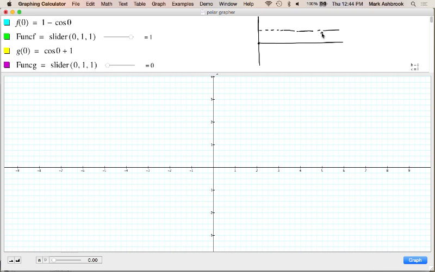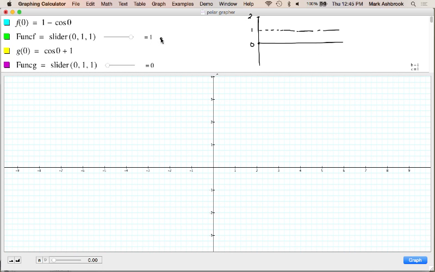The midline's at 1 and the max is at 2. Does that make sense? Max is above the midline, right? So we're shifting it up 1, right? Cosine goes from -1 to 1. We're shifting it up 1. So that's going to be from what to what? 0 to 2.